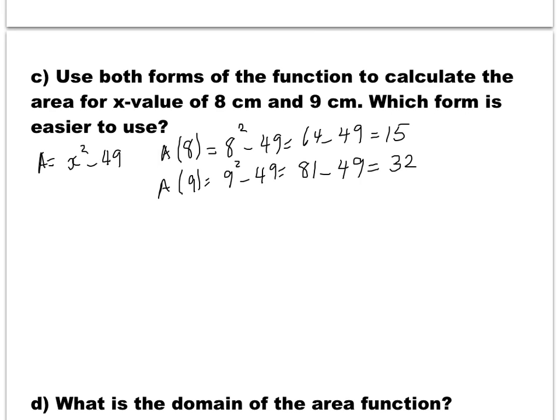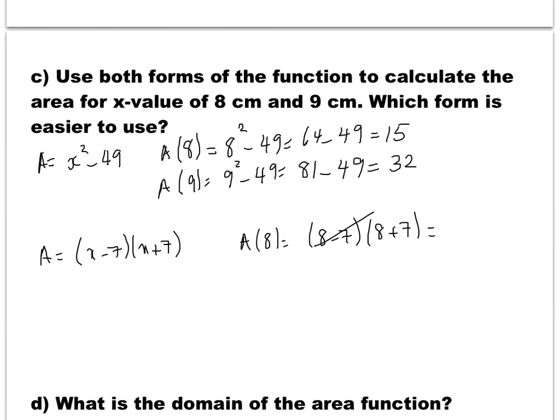Now let's use the other form of the function, which was x minus 7 times x plus 7. In this form, a of 8 is 8 minus 7 times 8 plus 7. 8 minus 7 is 1, 8 plus 7 is 15, you get 15.